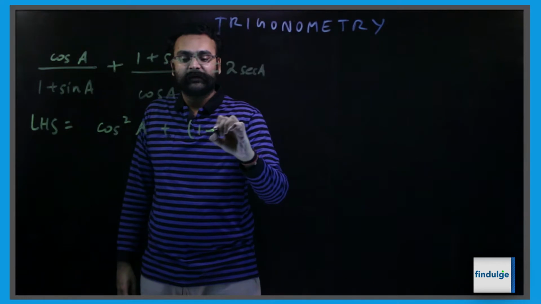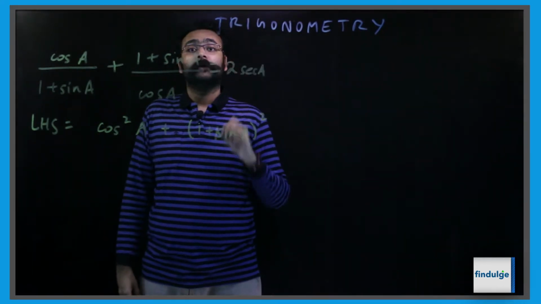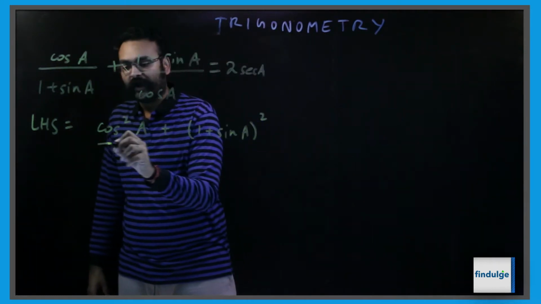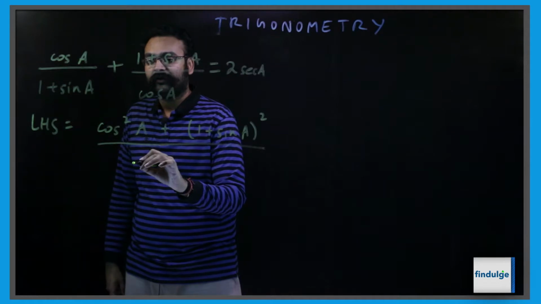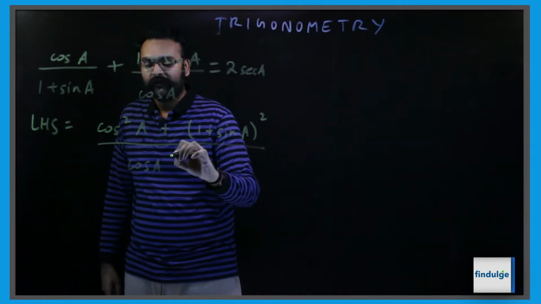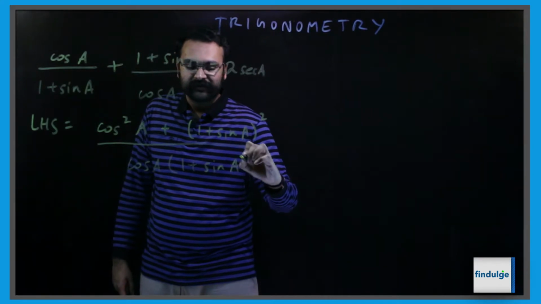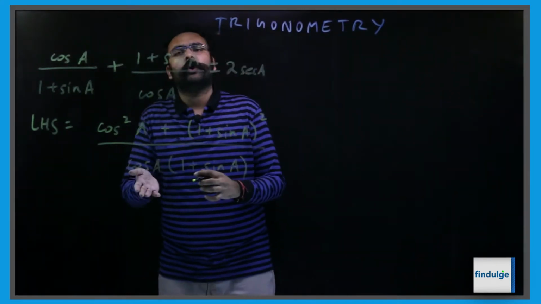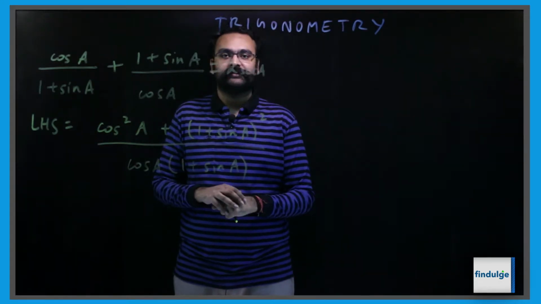So this will in turn turn into 1 plus sin A whole square. And of course, our LCM will be nothing but cos A into 1 plus sin A. I've just written cos A first just because it's easier for me to write it like this.